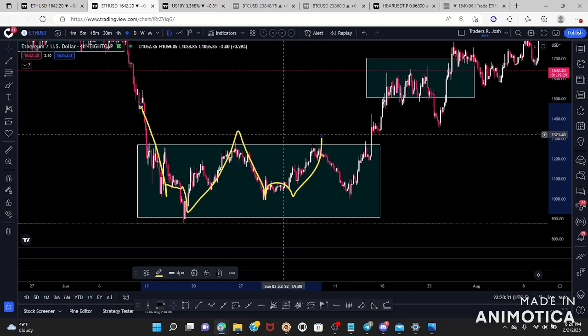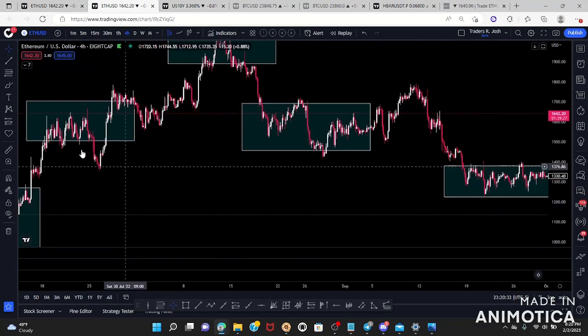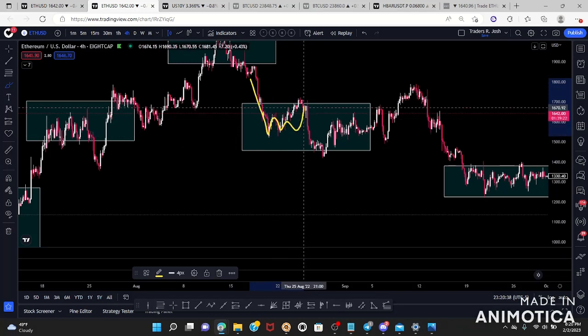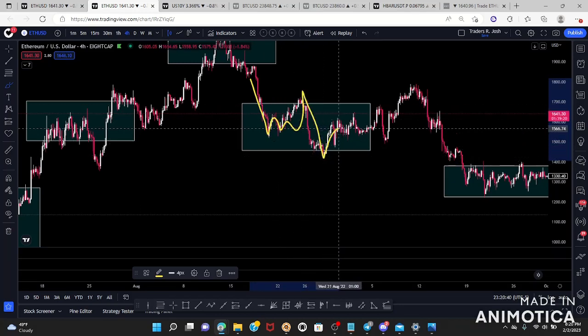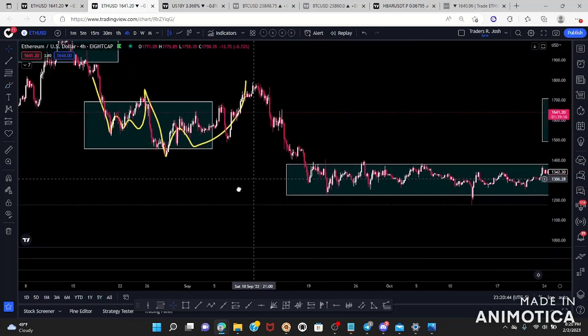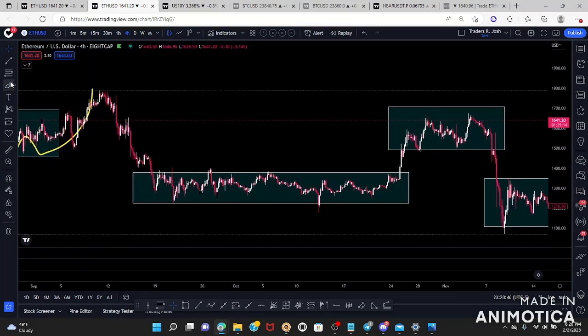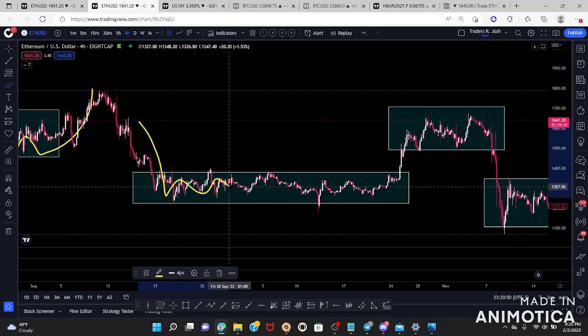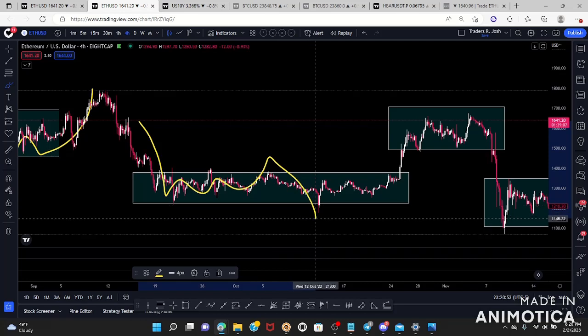Okay, let's keep moving. Down movement, contraction. This is your ripsaw, an H, then up. You see what I see? Down movement, contraction. This is your ripsaw.